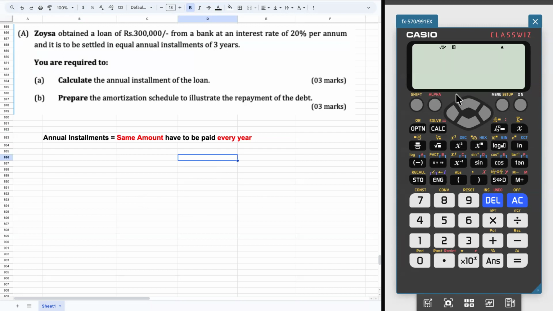Can you remember from the previous session? Anish, Ilma, Farid, Imat, Lamia, Subikshana, Zahra. What is that? The special name. If you are receiving or paying the same amount every year for a specific period, we have a special name for that. What is that?